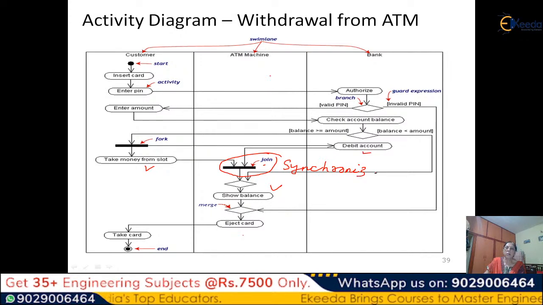That is also a merging of two branches coming, but it is always denoted like this. This is denoted like a fork, and this is denoted like a synchronization bar. And then it will eject the card.